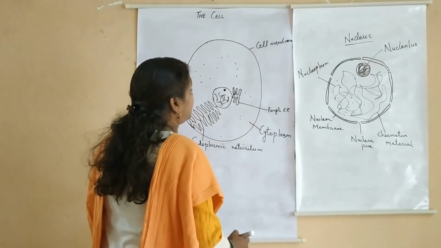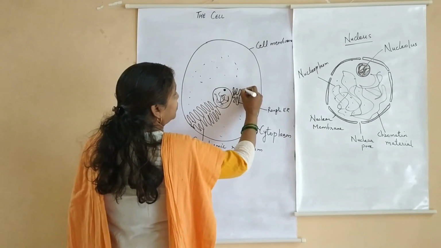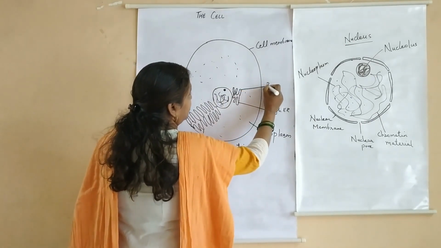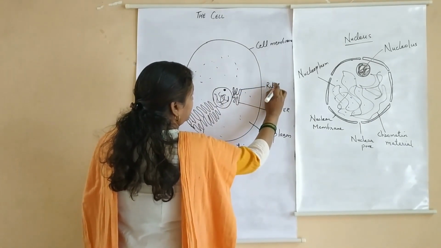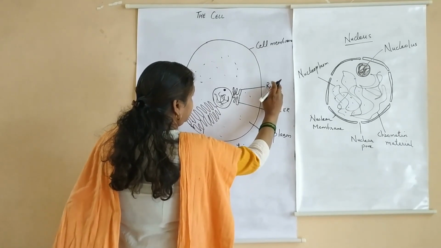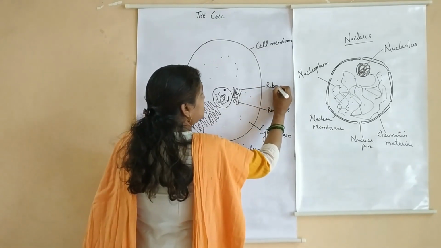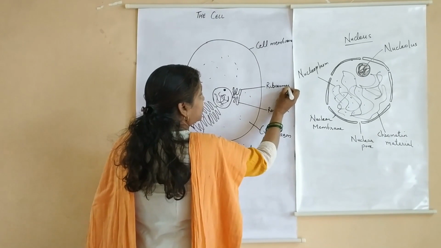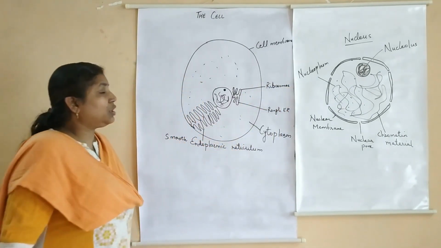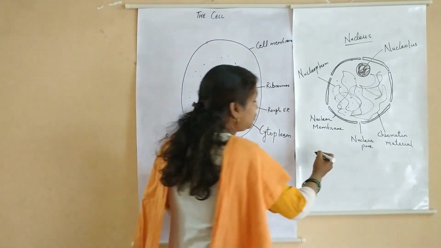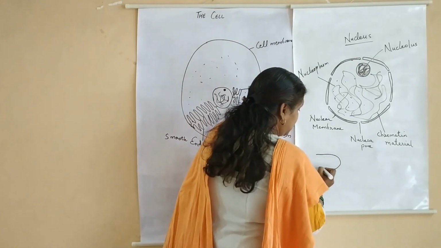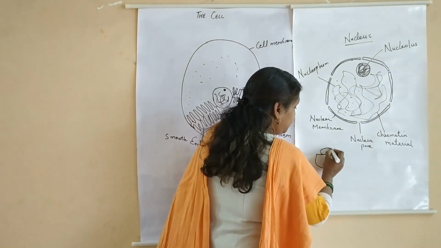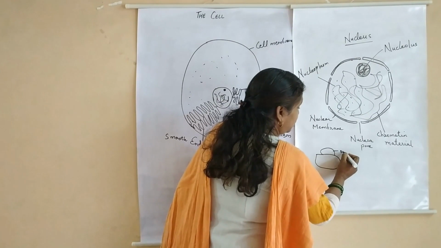Coming to ribosomes, this is your ribosome. Ribosomes are small granular-like structures made up of two subunits. One is your larger subunit and the other is your smaller subunit.